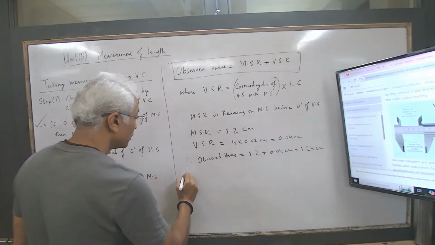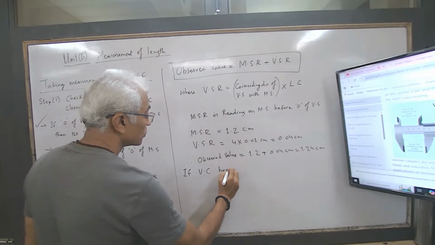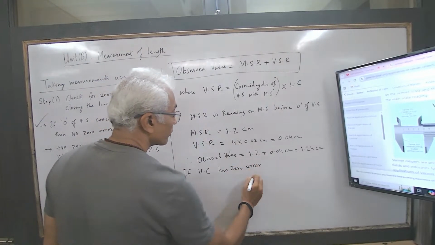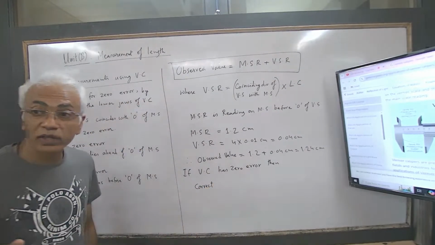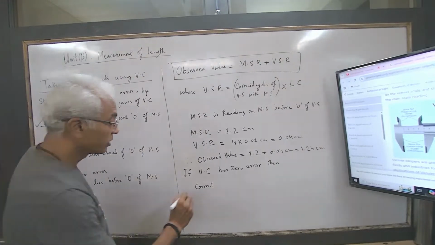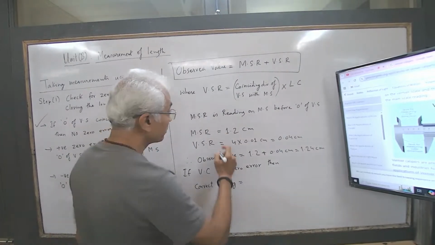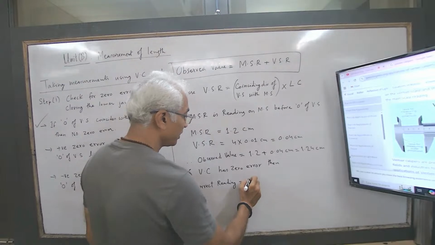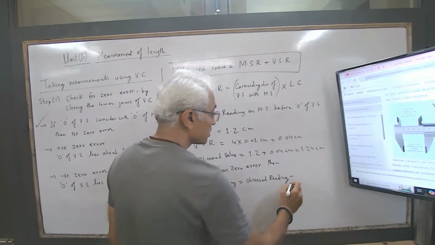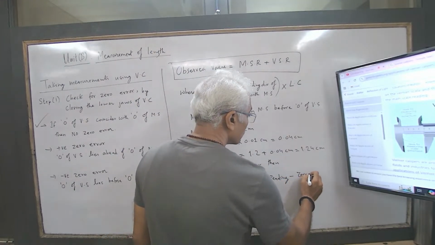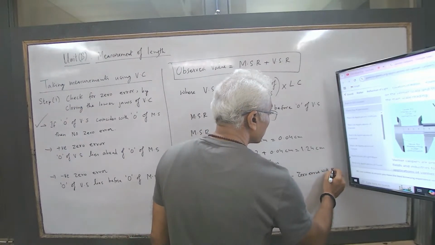If vernier scale or vernier calipers has zero error, then कैसे फाइंड करेंगे उसमें? हमको जीरो एरर करेक्शन करना पड़ेगा. ठीक है? तो जीरो एरर करेक्शन के लिए हम क्या करते हैं? करेक्ट रीडिंग इज इक्वल टू ऑब्जर्व्ड रीडिंग. जो ये वाला रीडिंग लेंगे उस केस में पहले हम ऑब्जर्व्ड रीडिंग ही लेंगे. उसके बाद क्या करेंगे? माइनस जीरो एरर, जीरो एरर विथ साइन.